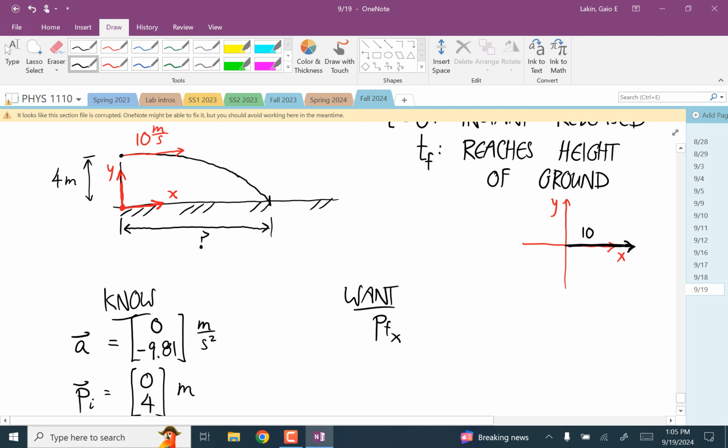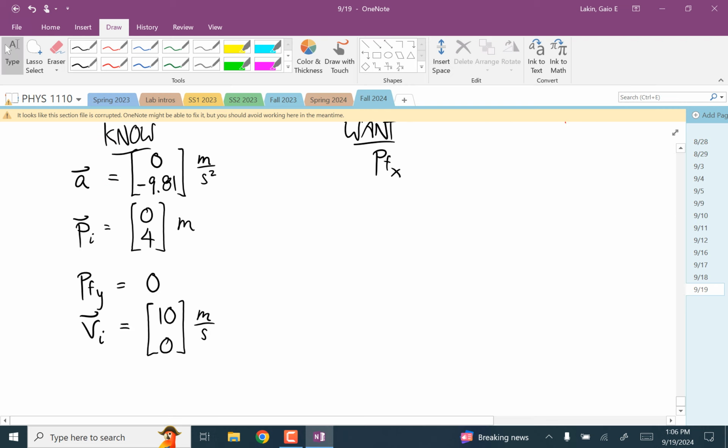We're doing this calculation assuming that there's no ground there, or you can also think of it as calculating what's happening the instant before it hits the ground. Once it hits the ground, it doesn't have constant acceleration anymore. It's not in projectile motion, so we can't use that. So no, we don't know anything about the velocity at time final. So we just have to leave that out.